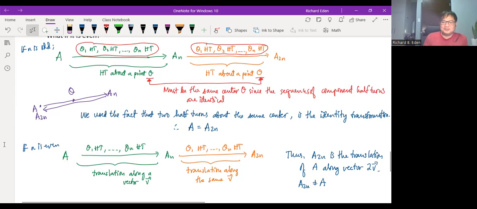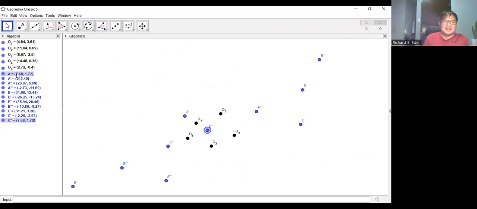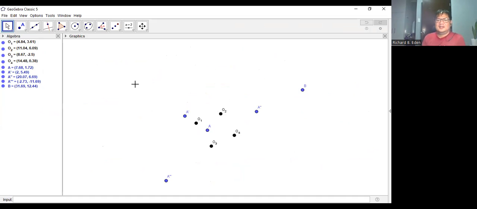I'm curious to see how this is going to look in GeoGebra. Let's go back. Let's remove the point O5. Why remove it when you can add?